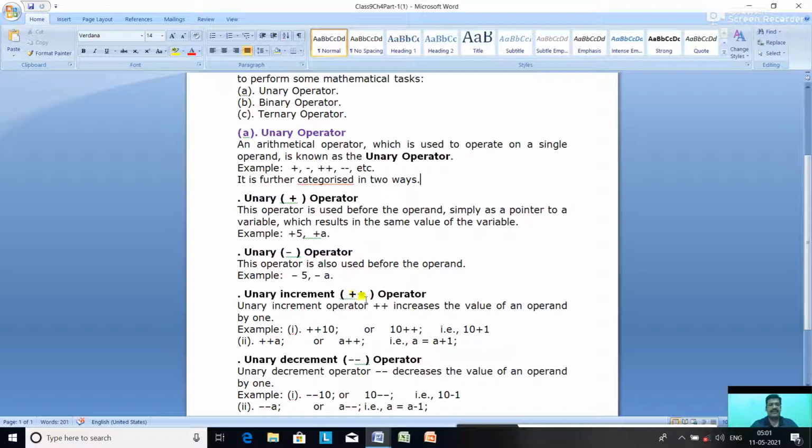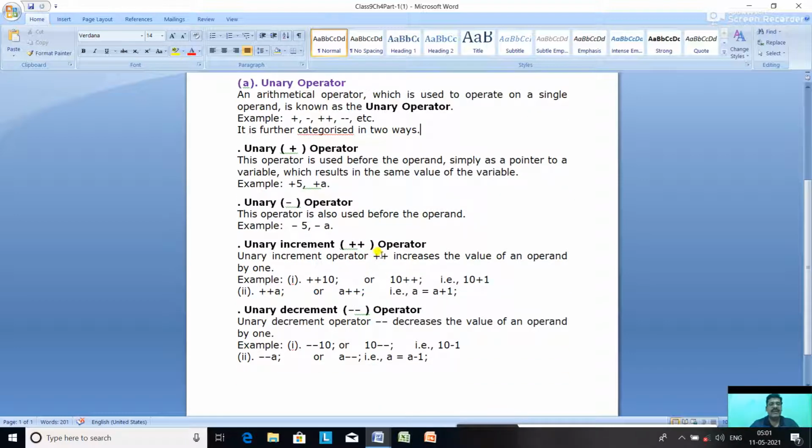Now the next one is the unary increment operator, or plus plus operator. The unary increment operator, that is plus plus, increases the value of an operand by 1. It is used in two ways, like plus plus 10 or 10 plus plus, meaning 10 plus 1.